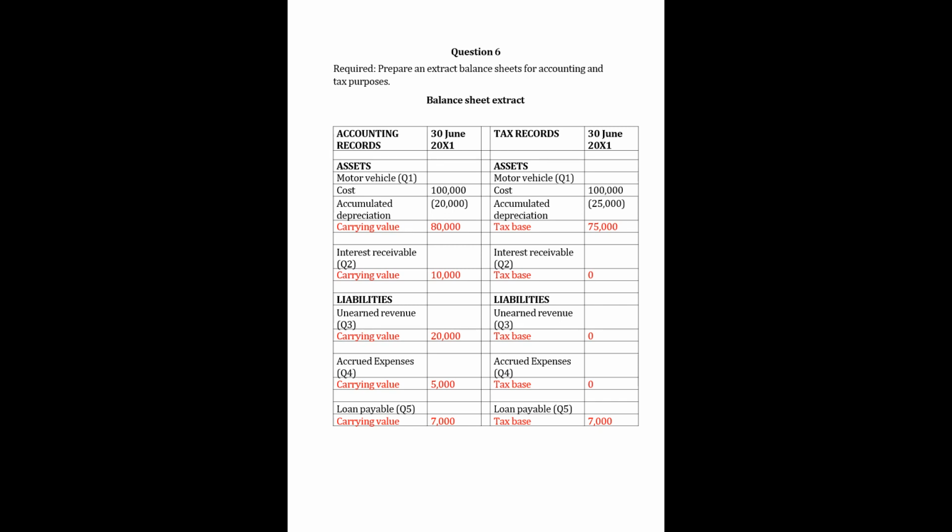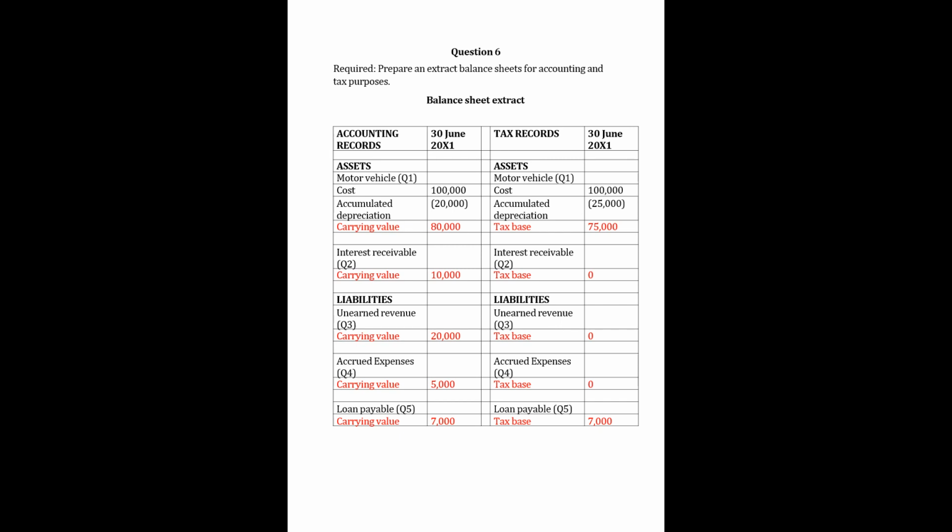The tax base for the same year was 75,000 because the accumulated depreciation was 25,000. In question 2, the interest receivable was an asset for accounting records of 10,000, but there was no cash that was received. The tax base was 0. So those were the 2 assets we looked at.